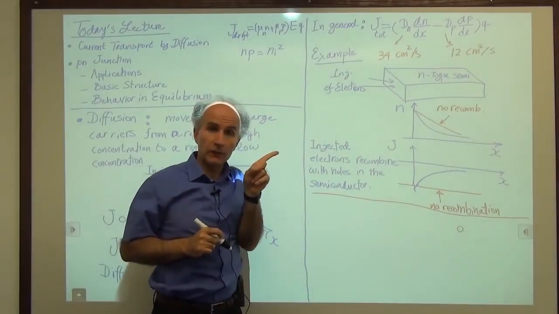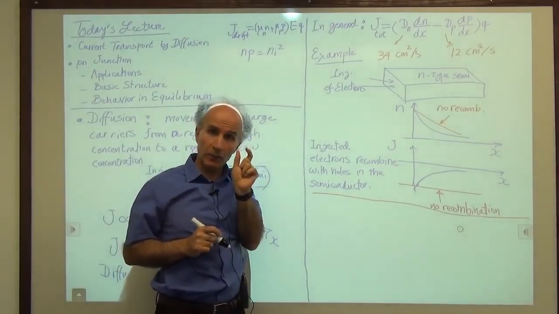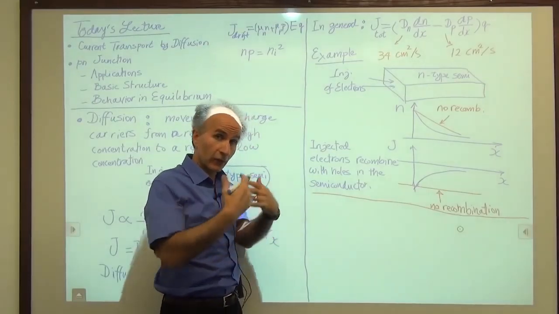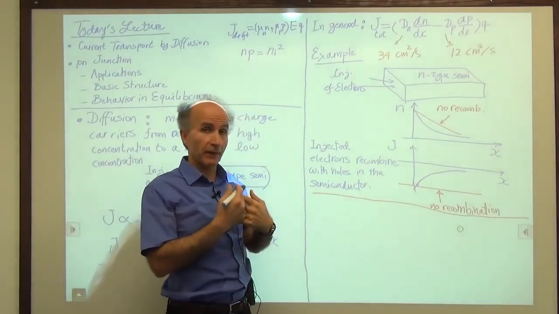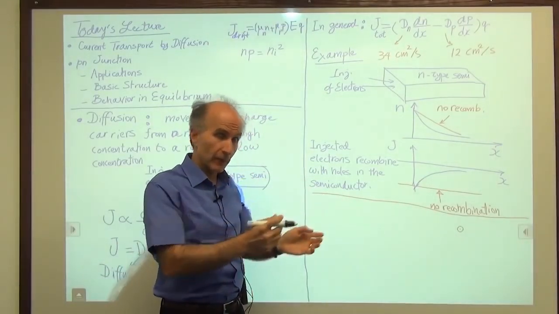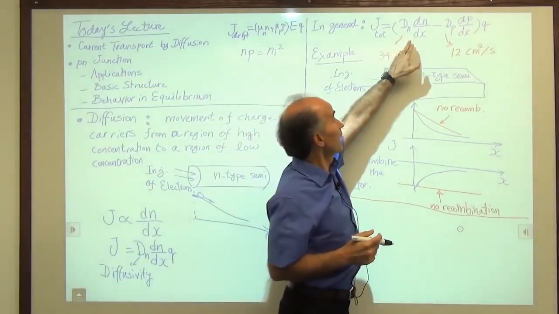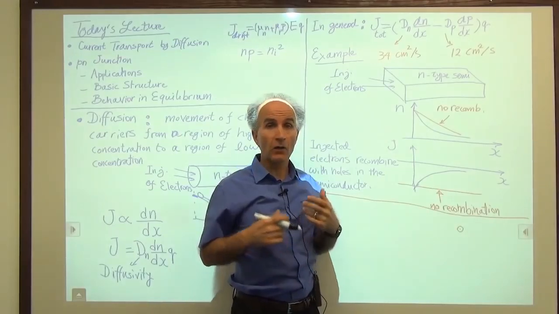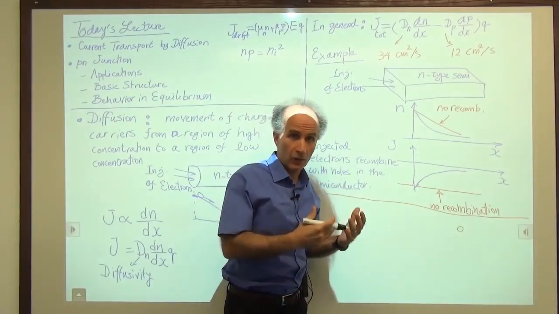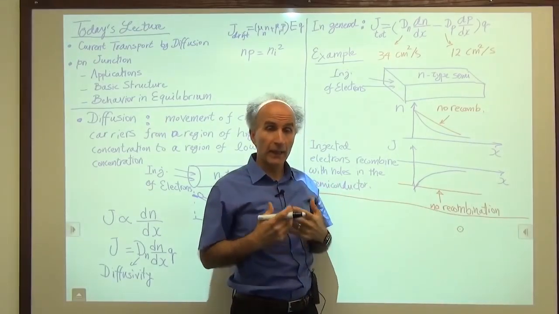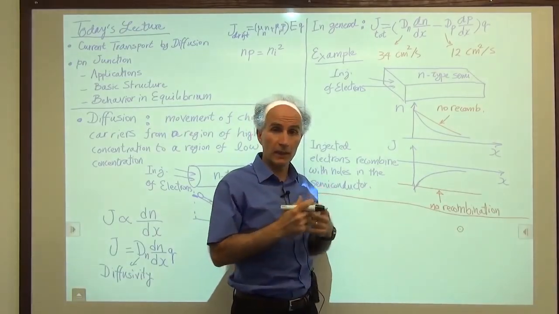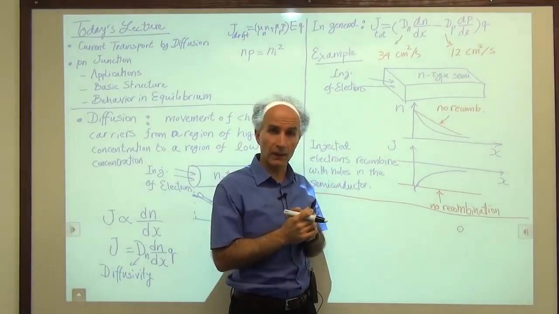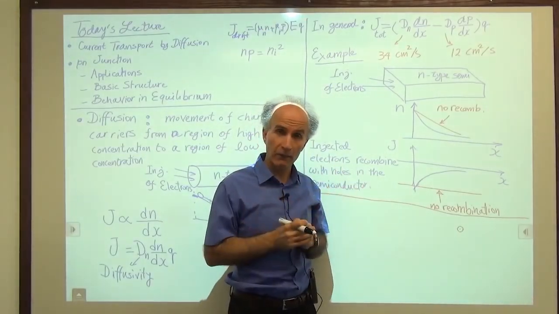In the drift current, we have a parameter called mobility to show how mobile the electrons are in the presence of an electric field. In diffusion, we have a parameter called diffusivity that shows how willing electrons or holes are to diffuse in the case of concentration gradients. So these are two different parameters, and they describe different types of behavior.